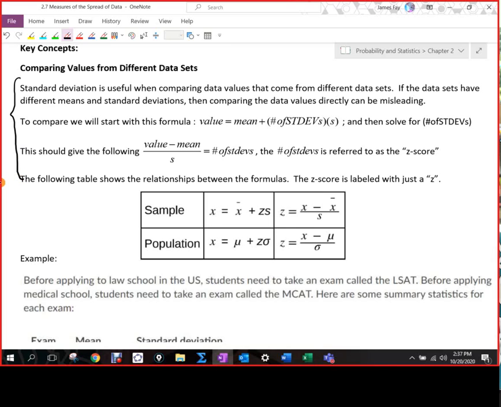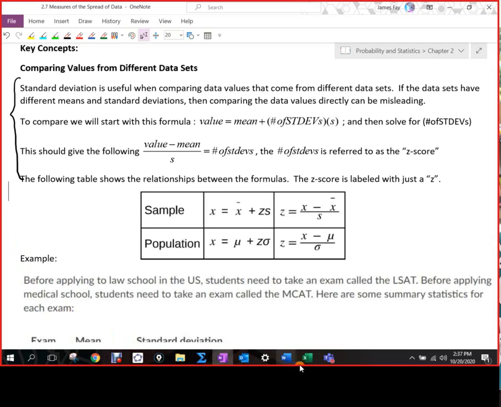If I took everybody's height and we found that it was normally distributed, and we found the standard deviation and the mean and all that kind of stuff, how can I take Lucas's height and compare it to everybody else or compare it to the mean? We would want to know how many standard deviations away from the mean is his height.